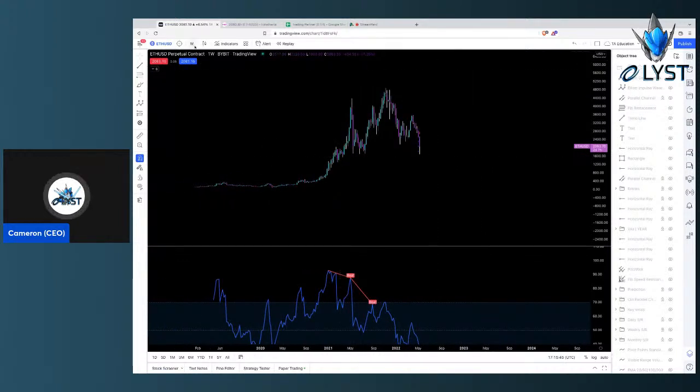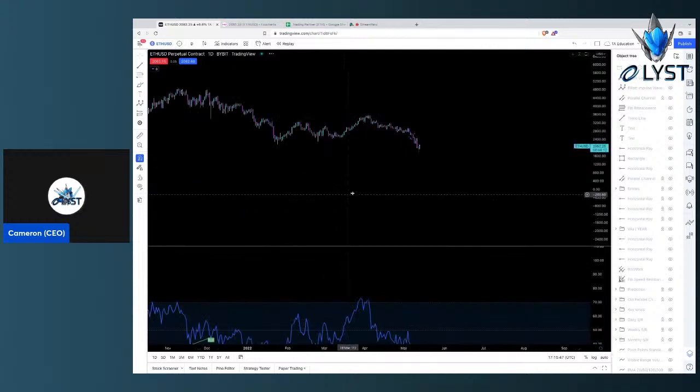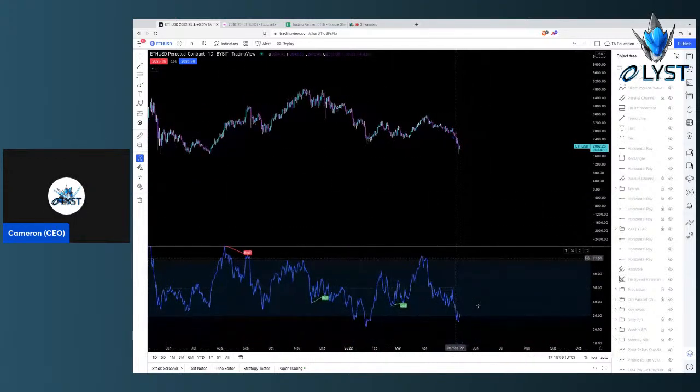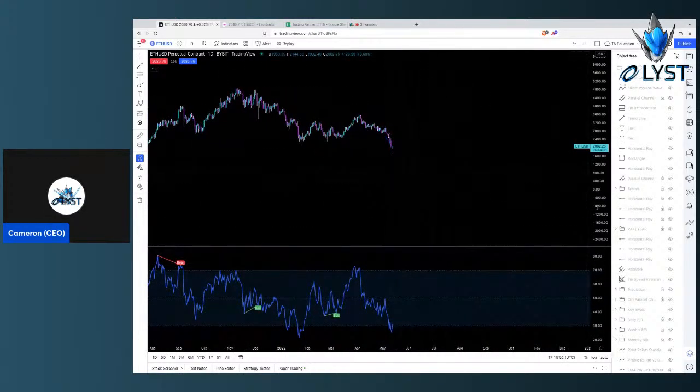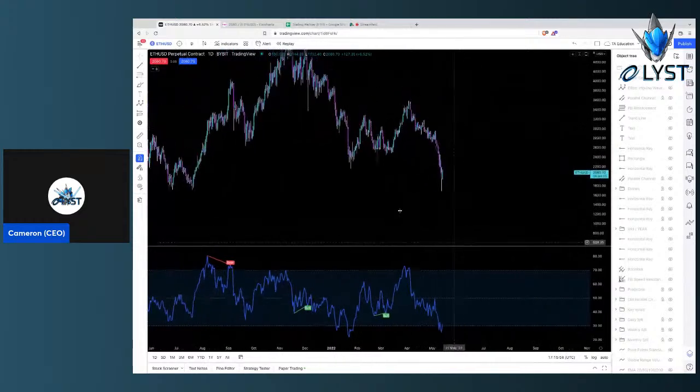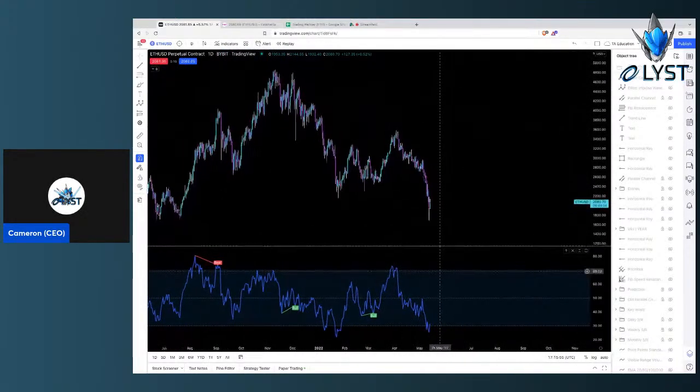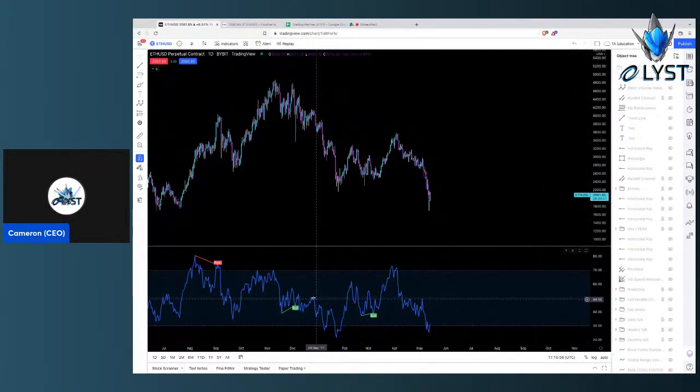Okay, so let's get down to dailies and let's see, where are we with these divergences? So you don't typically cover massive gaps like this. It's usually one peak to the next. But this is a pretty big difference as far as momentum and everything.